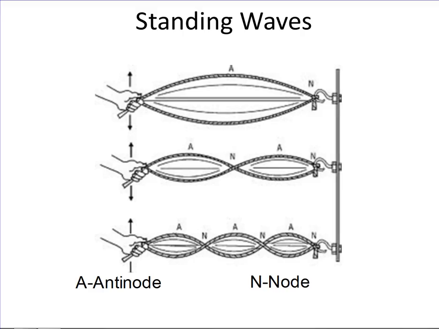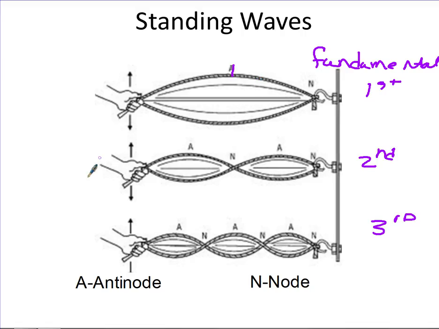Now let's review standing waves. One antinode, half of a wavelength, fundamental. Remember, we also call the fundamental the first harmonic. There's one antinode. Second harmonic, 2 antinodes. Third harmonic, 3 antinodes.